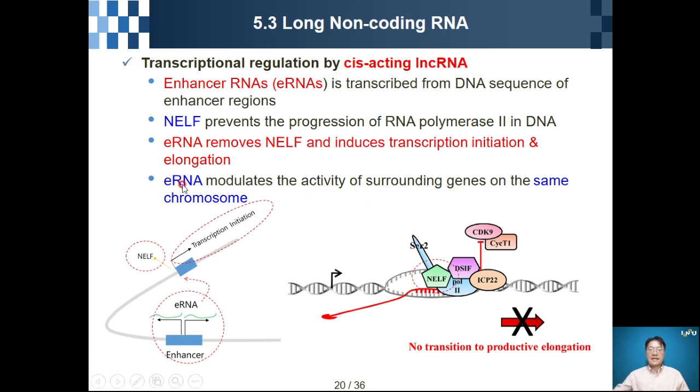So eRNA functions as a cis-acting long non-coding RNA, so it can modulate the activity of surrounding genes on the same chromosome. So this is the transcriptional regulation by cis-acting long non-coding RNA.